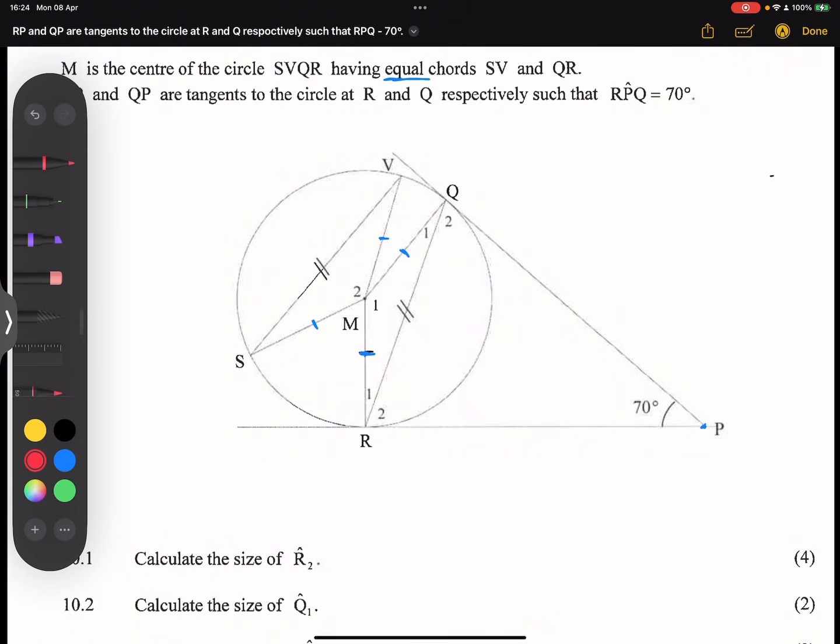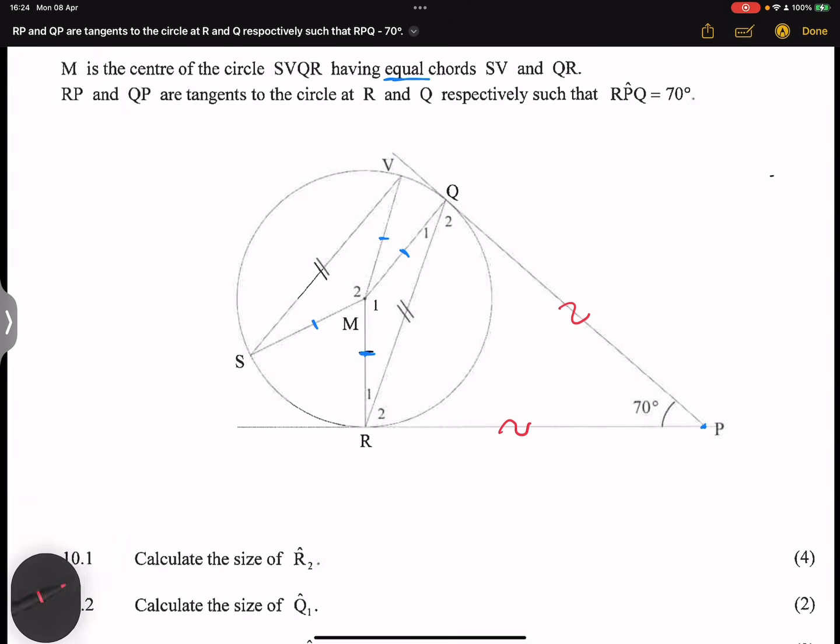That those tangents would therefore be equal. So in this case, it simply means that this guy is equal to that guy. RP would be equal to QP. And you can also note that that makes triangle PQR an isosceles triangle. Okay, I'm sure by now you know this.